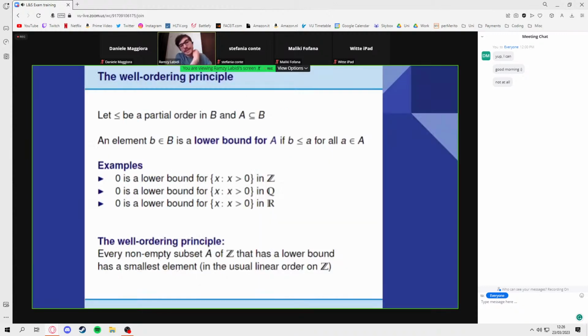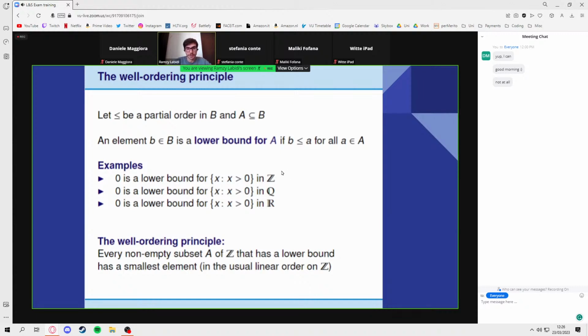Yes, so this brings us to the well-ordering principle. Basically, this is about lower bounds and how they could be derived. In this case, as you can see in the examples, we can assume that 0 is a lower bound for the function in Z that limits x by being strictly bigger than 0.